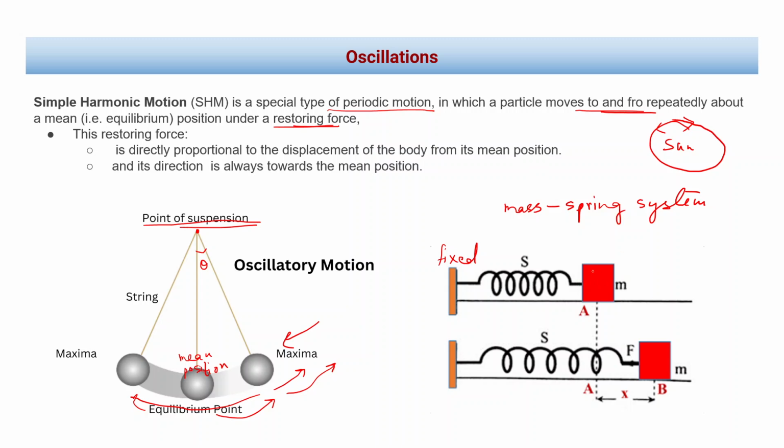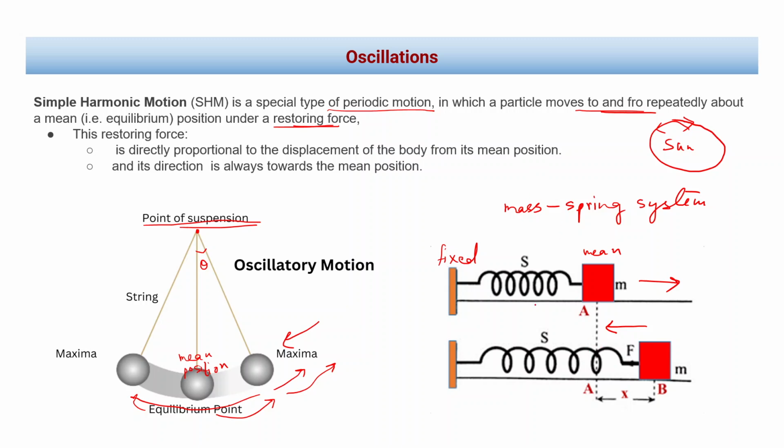So here again, this is the mean position when the spring is in its relaxed position, and if you pull the mass towards the right, the spring will expand, and when you release it, the restoring force acting in the opposite direction will bring it towards the left, and for some time we'll see the mass move to and fro about this mean position.